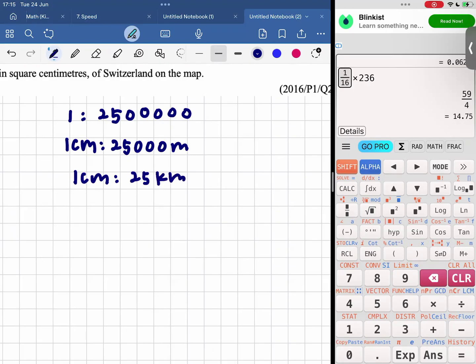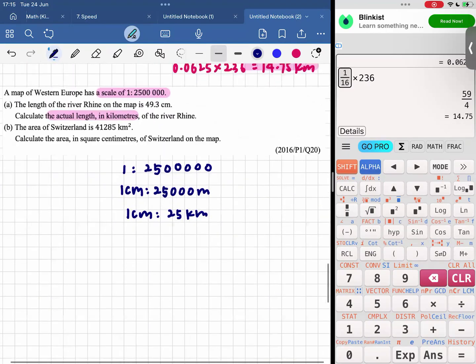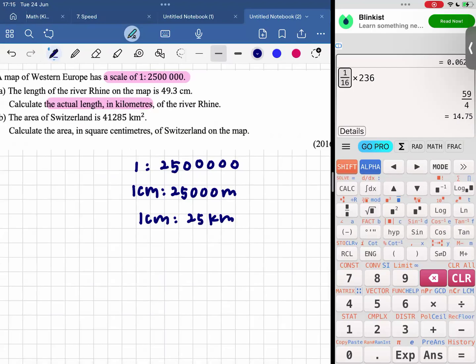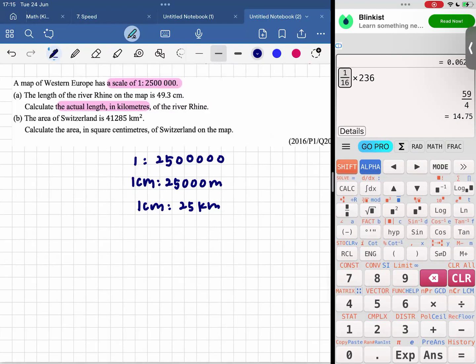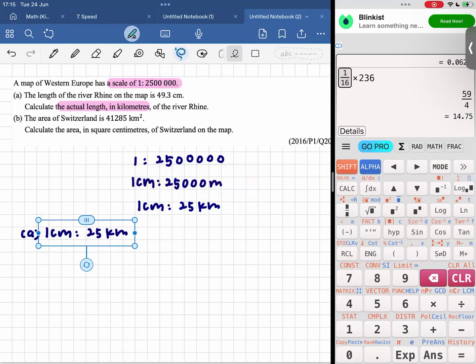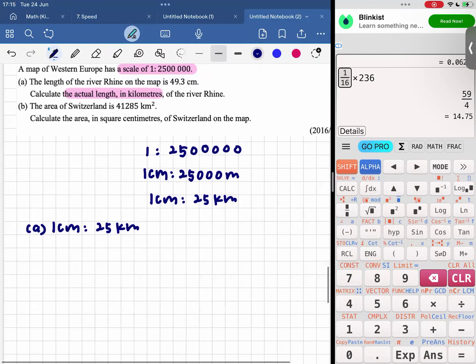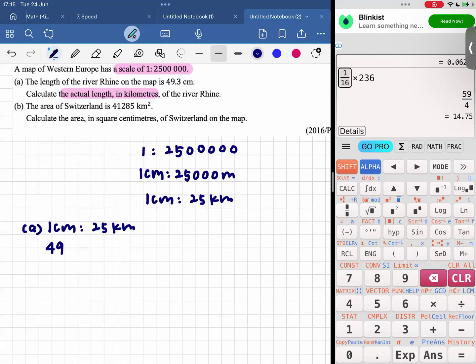Some students just memorize divide by 10,000. Can also, but when I was a student, I didn't like to memorize things, so I would do it based on what I already know. So for part A, this is the scale that I have. Using this scale, I'm going to answer the question. On the map is 49.3 cm. So what is this?